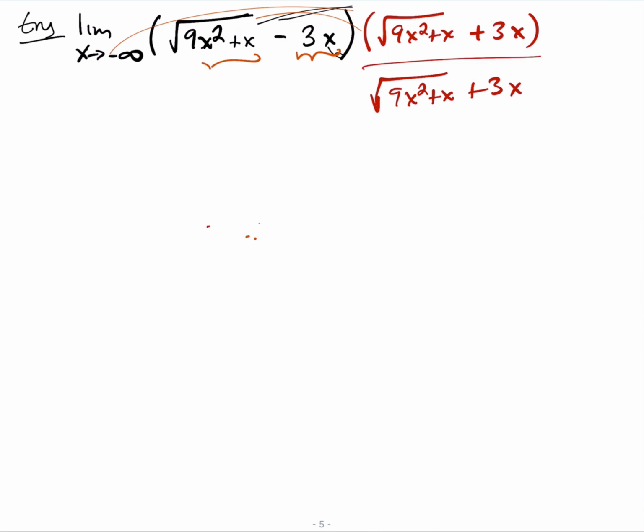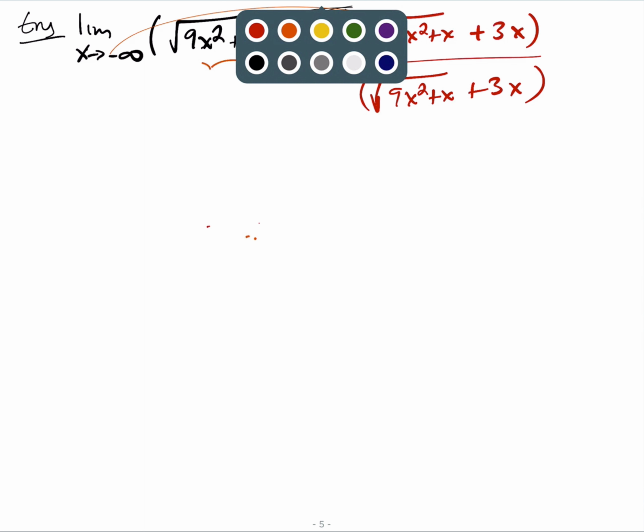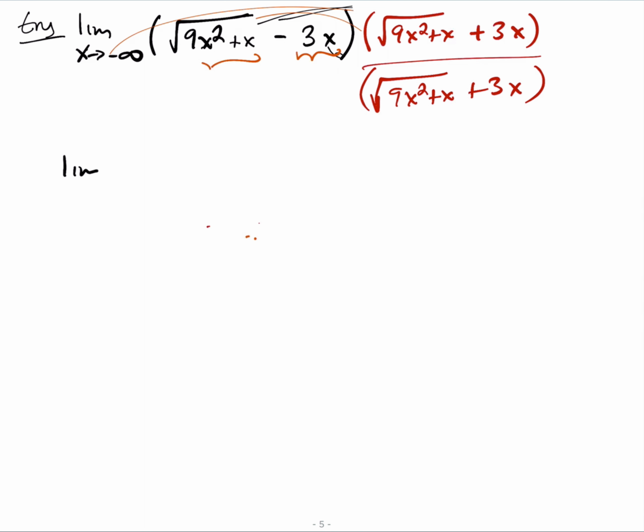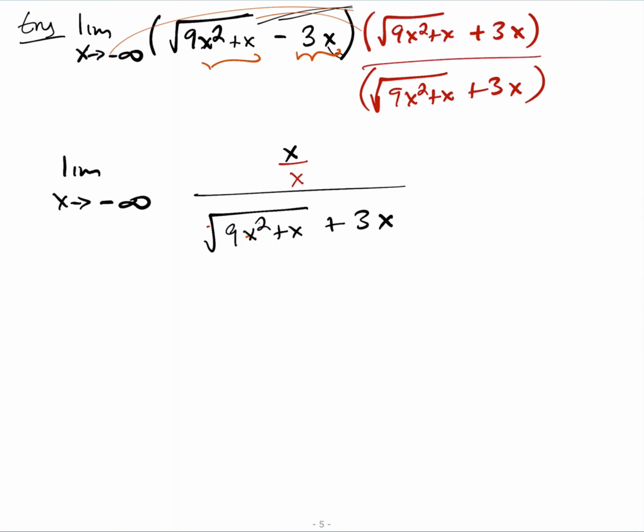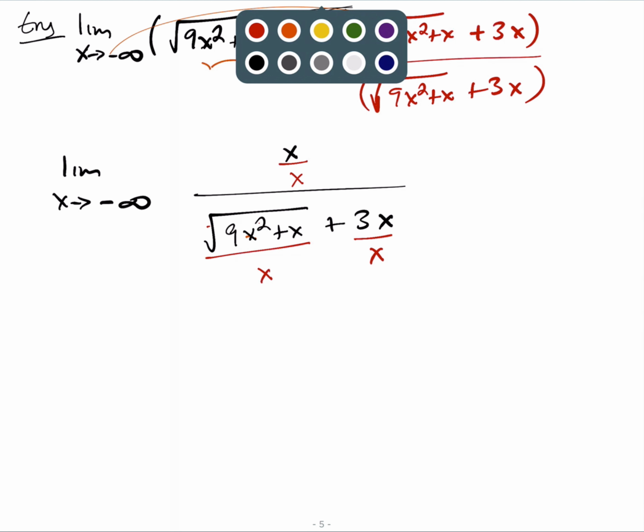But if you kind of go through the motions here, and so you multiply, right, by the conjugate, so now you're at limit as x goes to minus infinity. What did we end up with? We had x. What did we have? Square root of? Okay. All right. And then you divide by x, right? Okay. Let's see here.